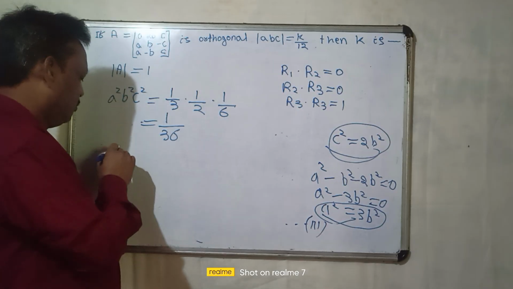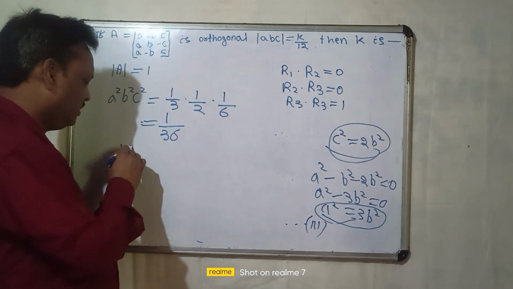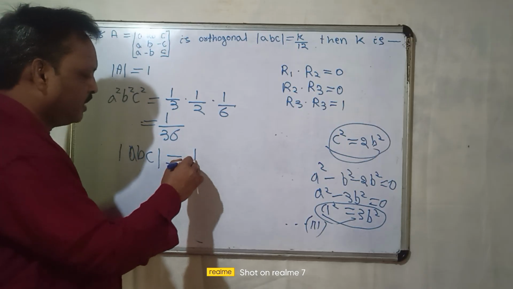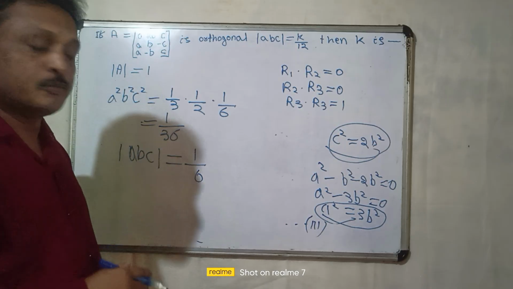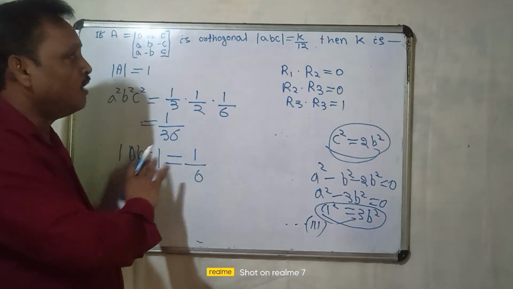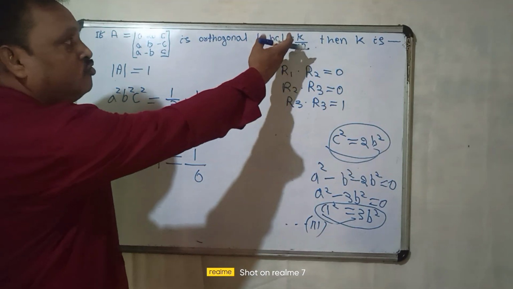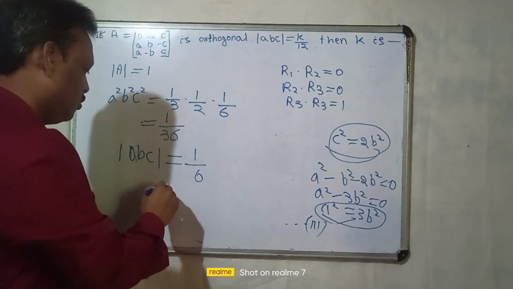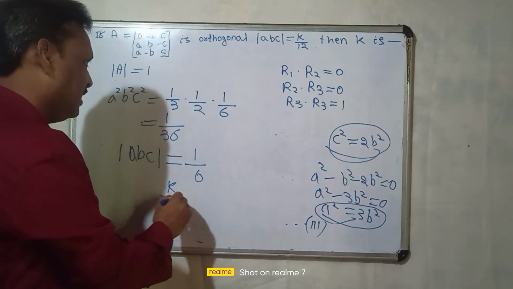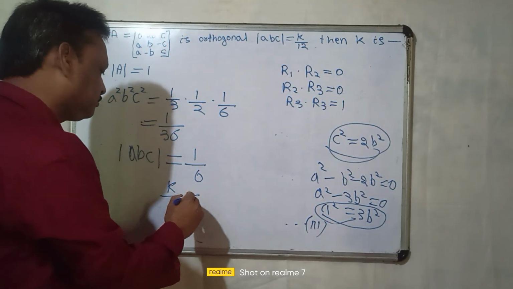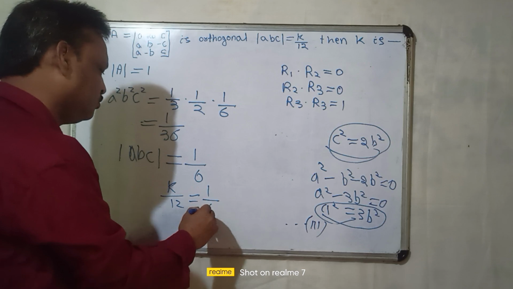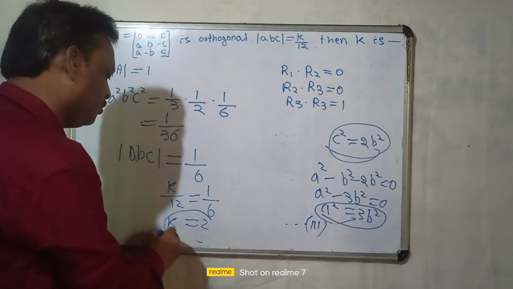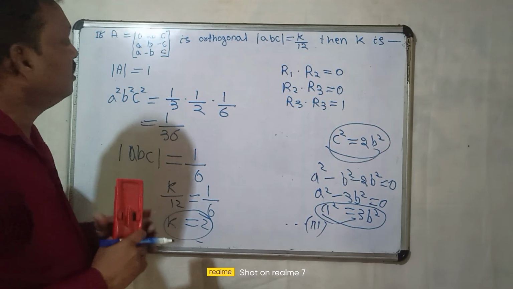Now modulus of abc equal to 1 by 6. But here it is given modulus of abc is equal to k by 12. So comparing k by 12 equal to 1 by 6, we get k is equal to 2. So k is equal to 2.